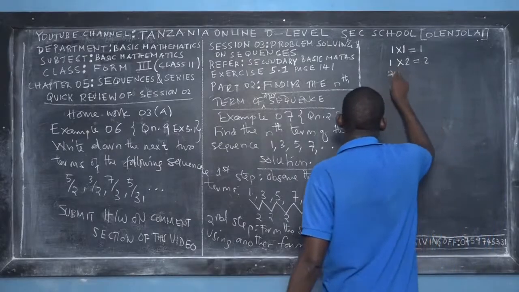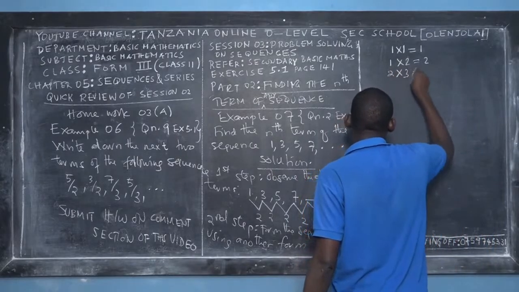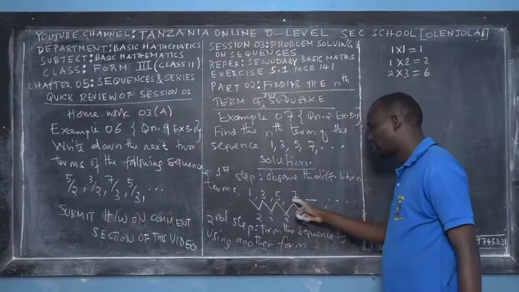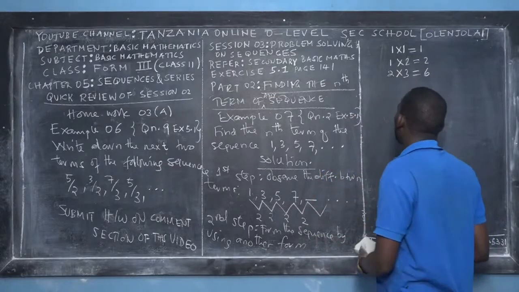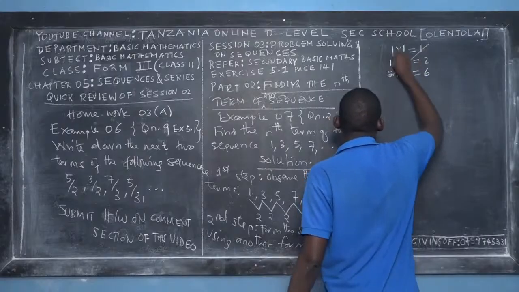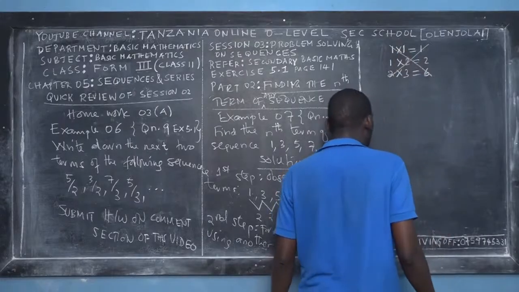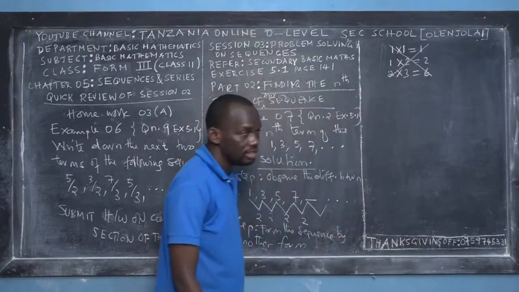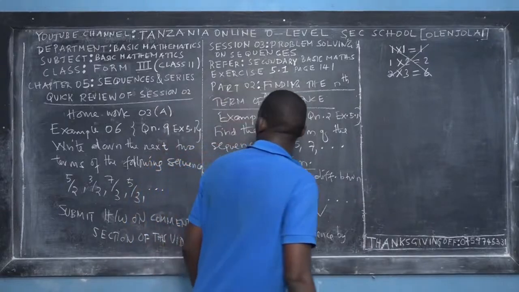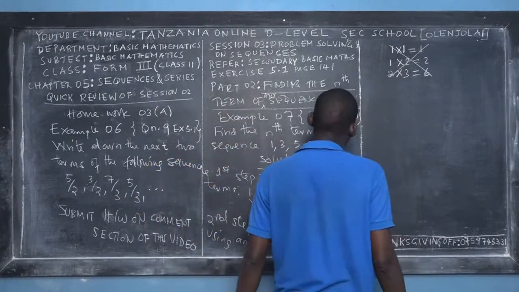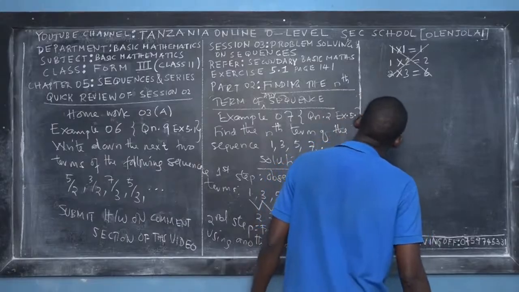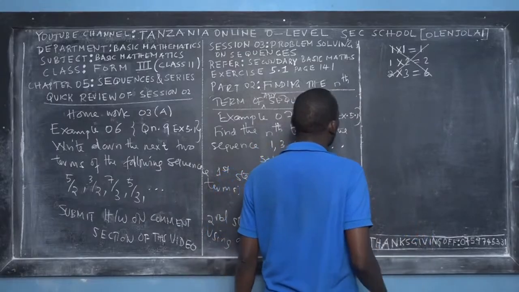If we keep continuing, 2 times 3 is equal to 6, and 6 is not a part of this sequence. So this approach won't be successful. It was successful only for example 5, part C. So now, how can we form the general term?